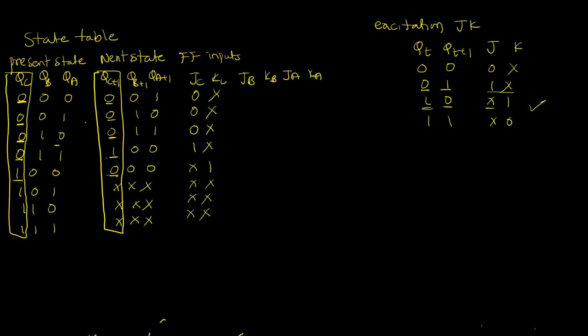Similarly, we need to compare this with this, then this with this. 0 0, what exactly is 0 0? 0 don't care. Next 0 don't care. Next 1, see here it is 0 0, but it is 0 1. So it is not 0 don't care, instead it is 1 don't care.